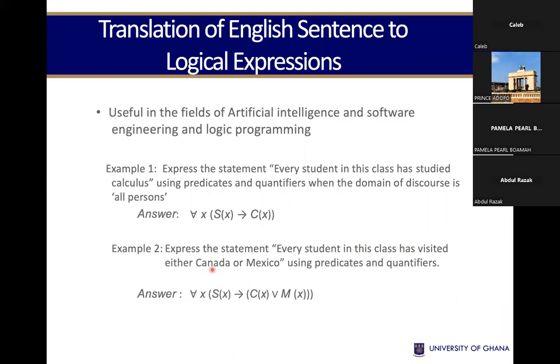Some have visited Canada. Some probably have visited Mexico. So I can have S of x as the student, those who have visited Canada before, and those who have visited Mexico. So we are looking at 3 together here. In other words, it's a compound proposition dealing with 3 different atomic statements. Are we okay on that? Yes, sir. Thank you. All right.